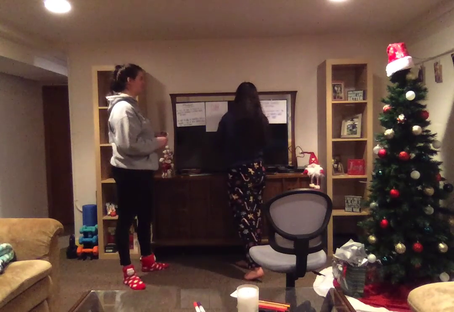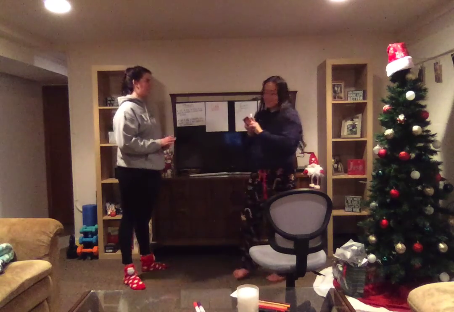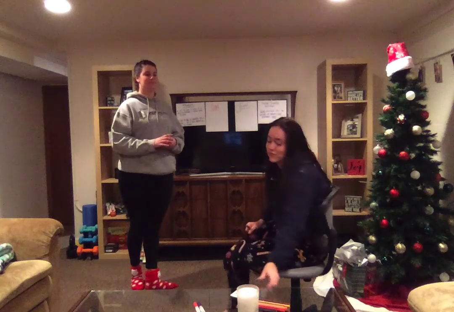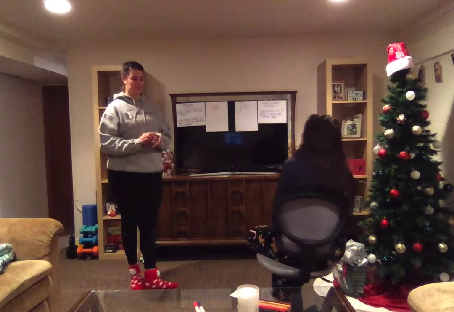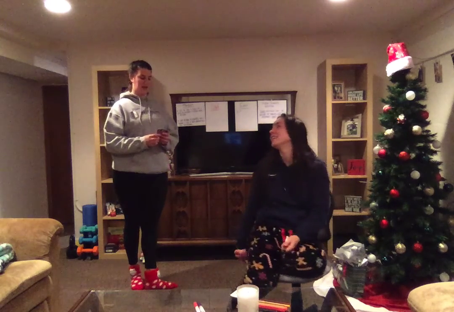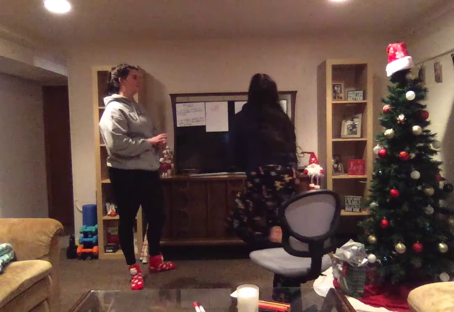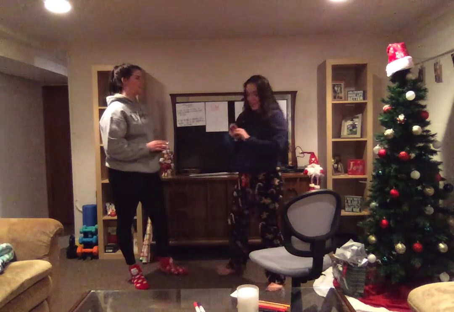8. Even or odd? 8 is even. Can you tell me why? Because there's 4 groups of 2, and there's none left over. Awesome job. Okay, how about this one? 7 is odd because it has 1 left over.